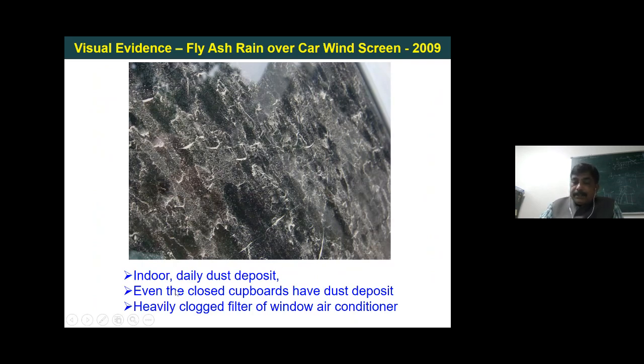The closed cupboards inside the house, if you open them sometimes, you will find a fine layer of dust. From where has it come? These cupboards have very small vents, very small areas from where air can enter.